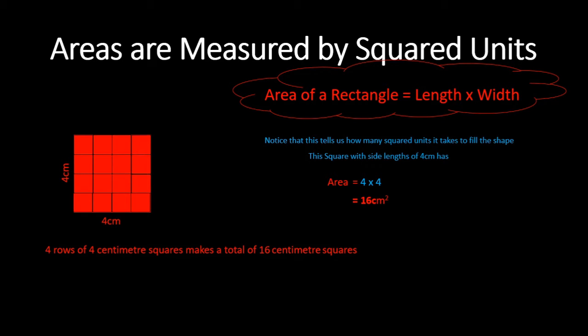See how I filled the shape with squares? Each of these squares represents 1 centimeter squared. It's a squared unit of measure. So when I say 16 centimeters squared, I actually mean 16 centimeter squares.